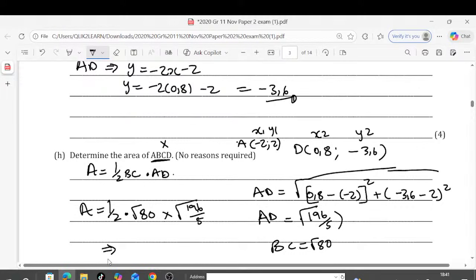We're just going to say half into root 80, which is 4 root 5, and then this will be multiplied by the root of 196 over 5. Please guys, make sure that you check my mistakes, and this will give us 28 units. So this is equal to 28 units.